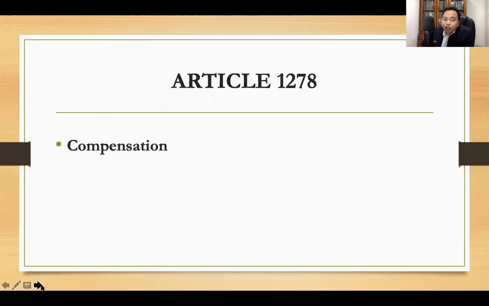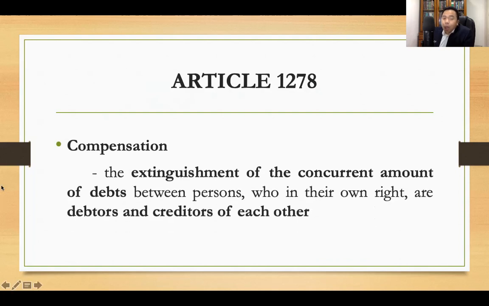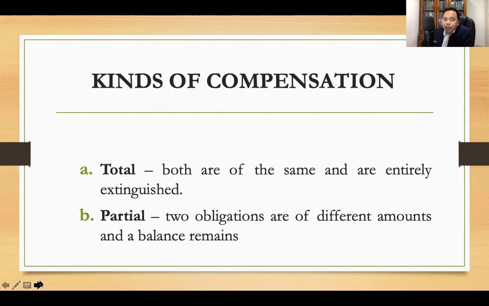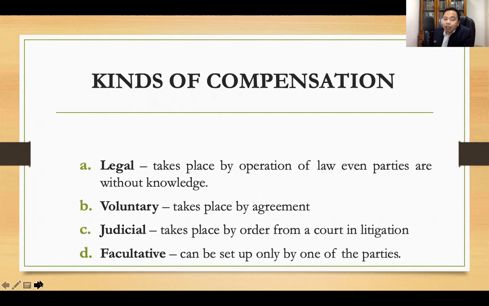Compensation or set-off. Compensation or set-off is the extinguishment of the concurrent amount of debts between two persons who in their own right are debtors and creditors of each other. There are kinds of compensation: total or partial, legal, voluntary, judicial, facultative.